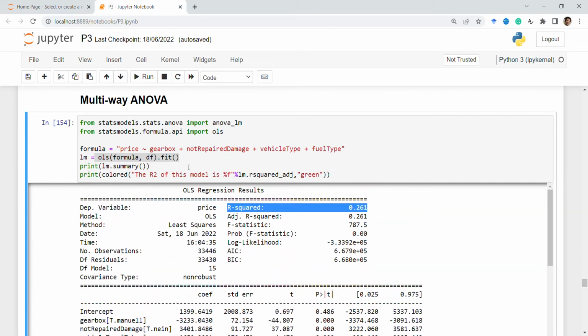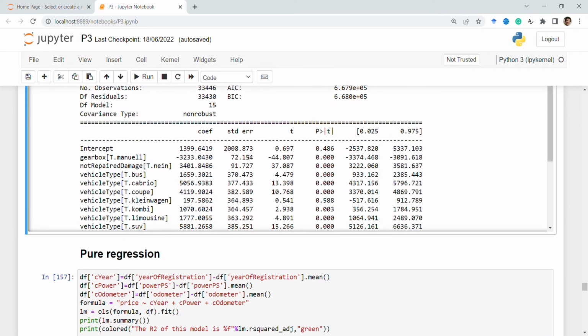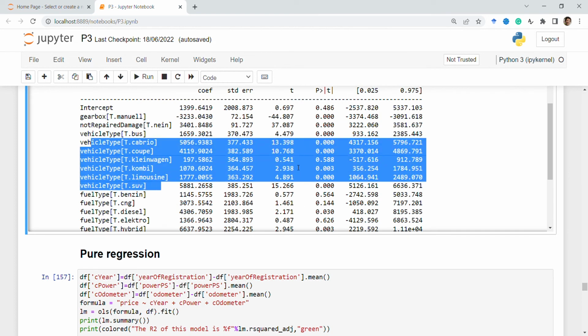So we see that an ANOVA model using 4 predictors is explaining about 26% of the variability, and the model is extremely significant. We can see that all the values are significant, maybe not the intercept, but gearbox and most of the vehicle types, some of them are not.